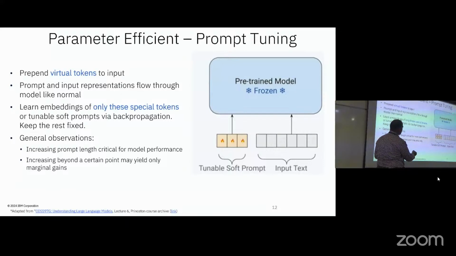Based on the response of the model, the feedback is used to tune this soft prompt, so that the next text that is brought in gets a better context, and the model can learn from the context and the prompt and get better and better. Here the weights are not changed, but the prompts are changed, and a part of the prompts is reserved for tuning. So this is called prompt tuning.